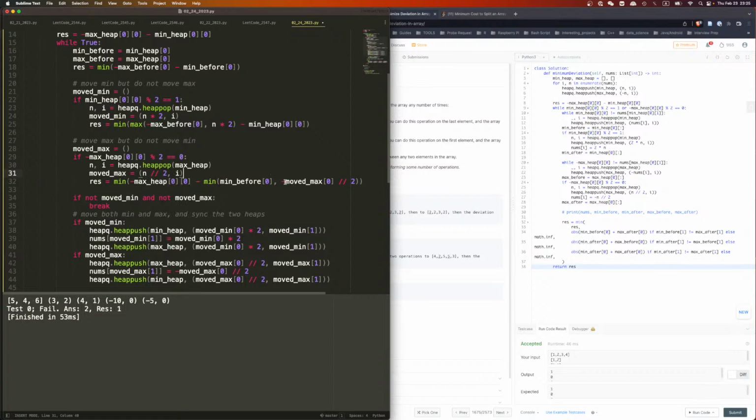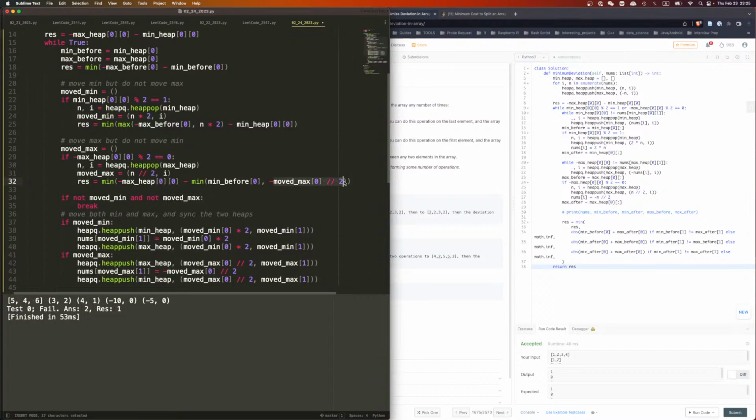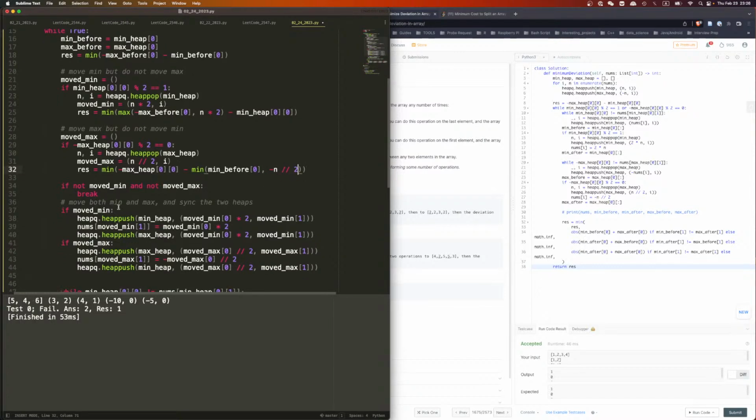Then we don't have to divide by 2 here, just say n divided by 2. Okay, and we can just push moved min, and this is also push moved min. And then this will be moved max, this will also be moved max.